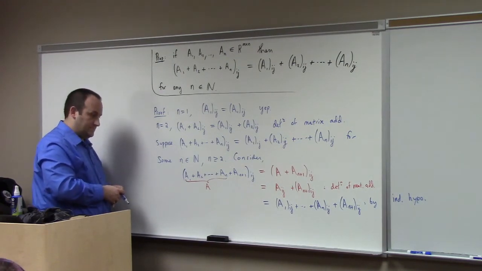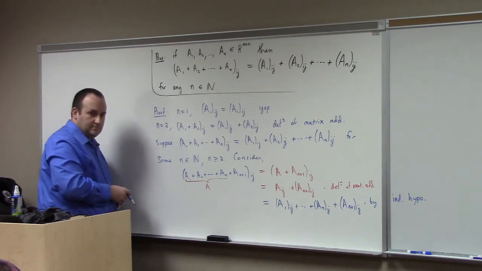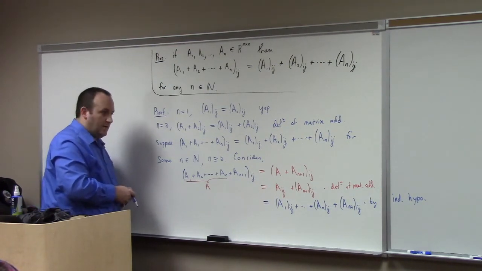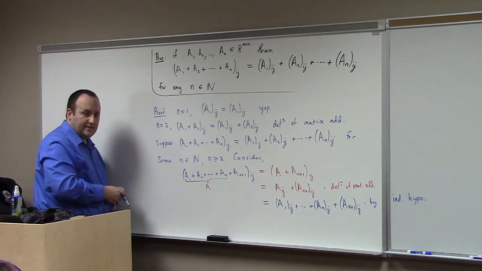When you're calling A1 + A2 all the way through AN just A, so that it reads more easily, that's not a definition or anything. I'm defining that to be A.